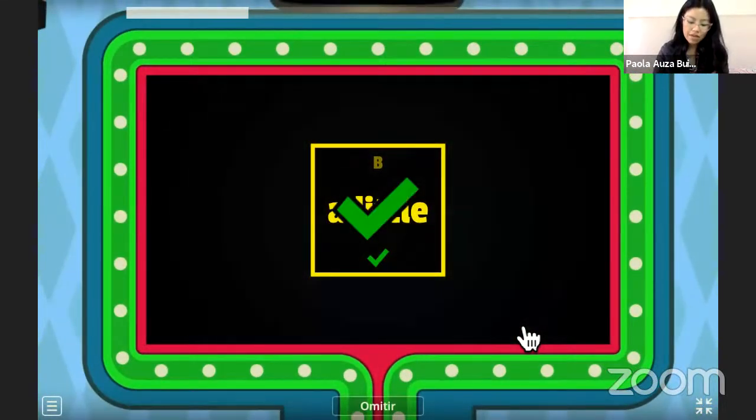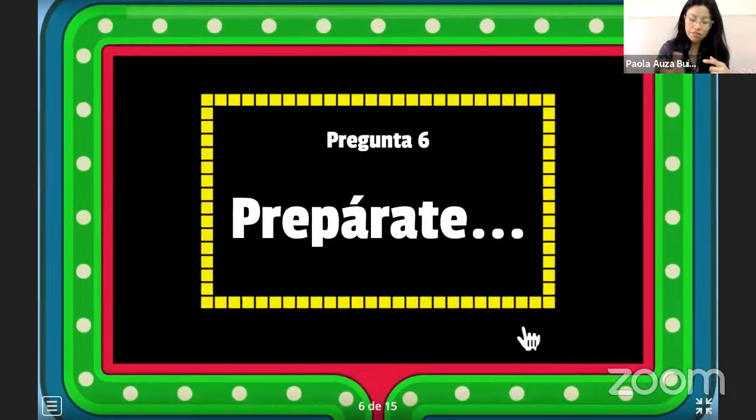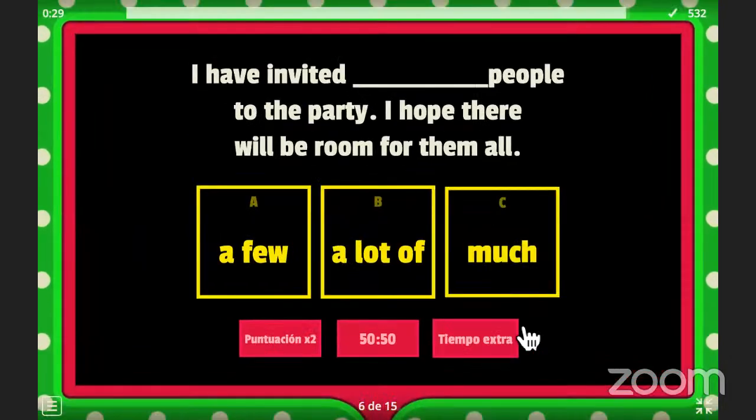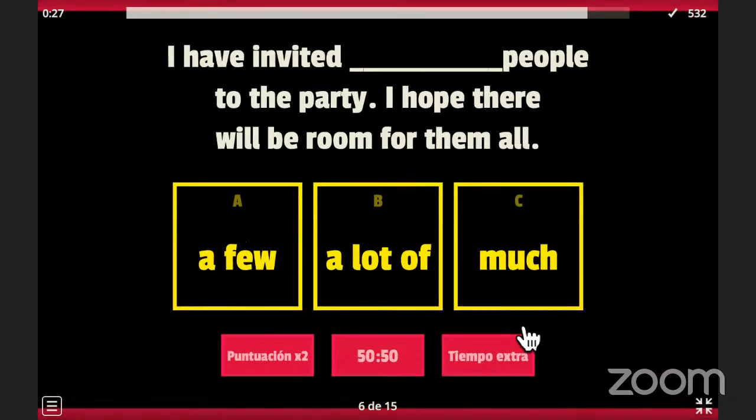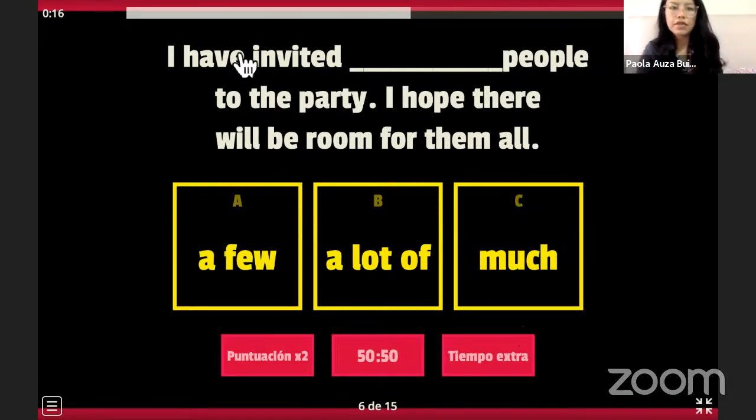Yes. And by the way, the difference between little and a little is that little means almost nothing, and a little means a small amount. A little is positive, and little is negative because it's almost nothing. Okay, next one, please.